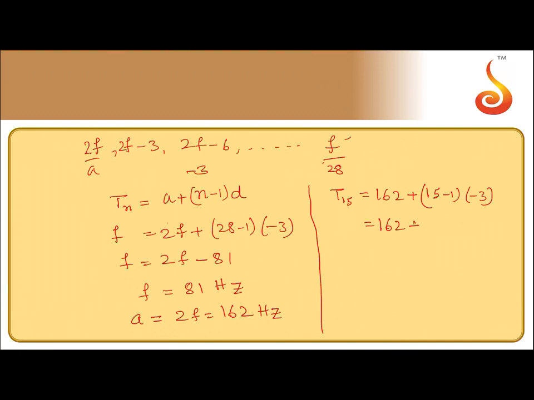So it should be 162 plus 14 into -3. That is 162 minus 42. 14 3s are 42. So it will be 120 hertz. So it's in a decreasing arithmetic progression. So the answer is option A.